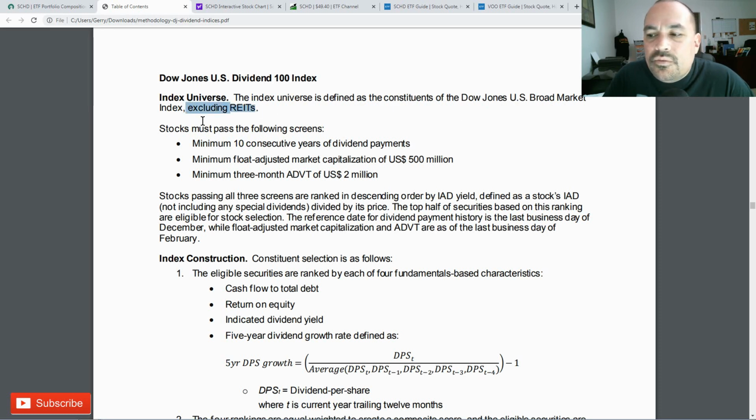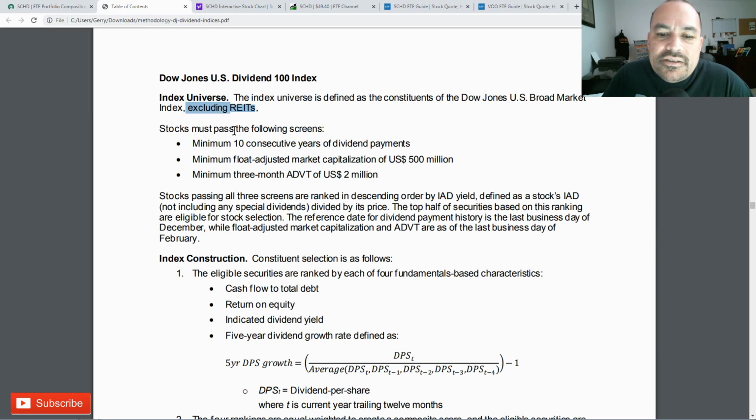So if you do not want real estate exposure in the ETF you're trying to choose, SCHD may be one you could consider. If you wanted real estate exposure, maybe you can buy real estate investment trusts on their own as single stocks, or you can buy a sector ETF that tracks the REIT index.